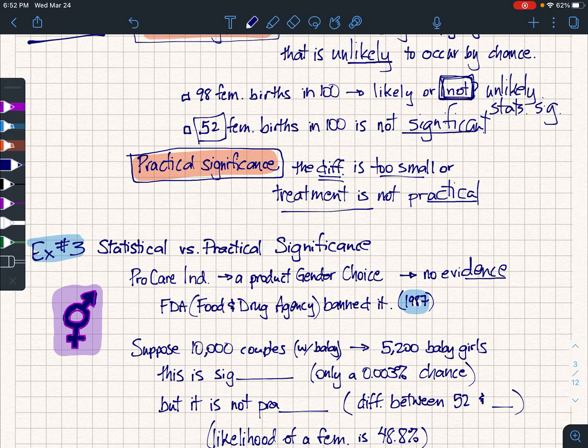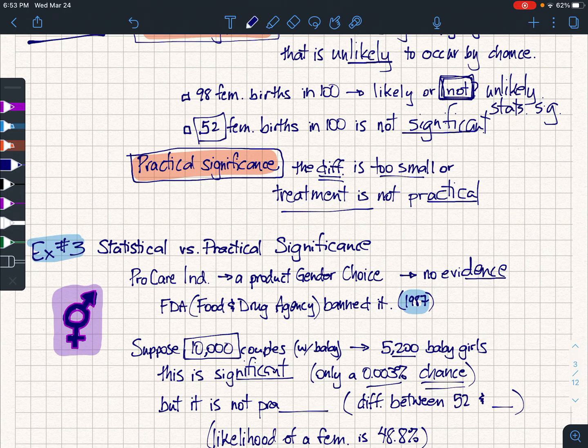Well, this is significant. The fact that we're doing such a large number, 10,000, and you got 200 over, even though that looks really close, this is highly unlikely to occur. In other words, the chance of this happening randomly is highly unlikely.